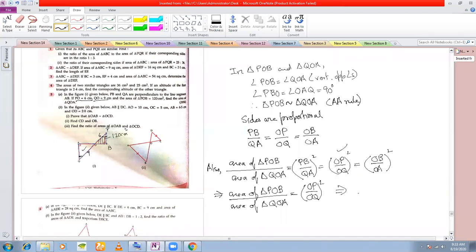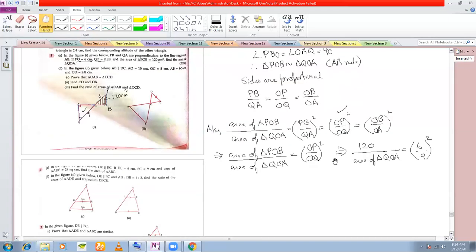Area of triangle POB is given to me as 120. So 120 divided by area of triangle QOA is equal to OP by OQ, 6 divided by 9, whole square. Now you can find out the area of triangle QOA. That was the question. So I'm leaving it here. You can do it on your own.